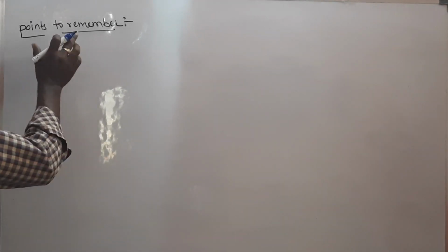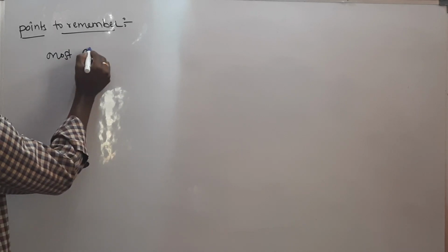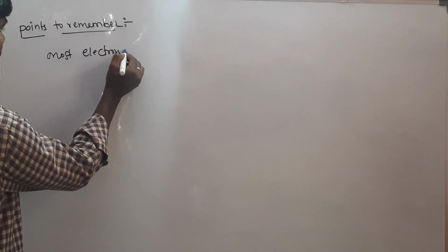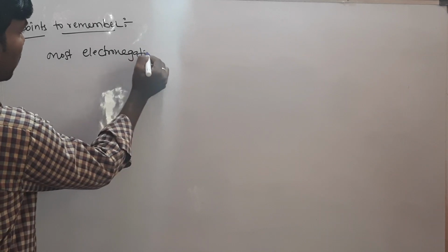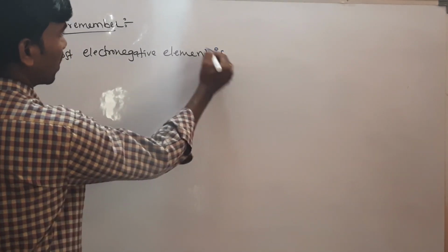So here are some important points to remember regarding electronegativity. The most electronegative element in the periodic table is fluorine, whose value is 4.0. After that, oxygen is the second most electronegative element.